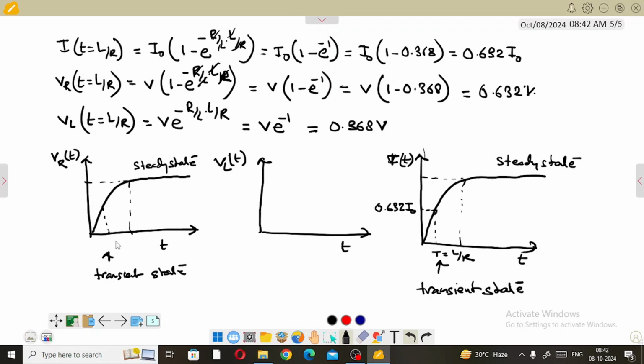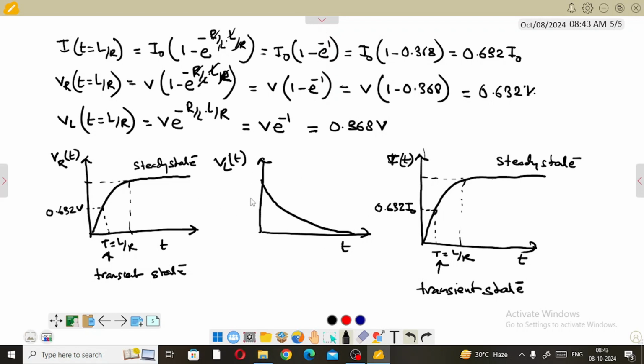Similarly, at T equal to L by R, what I get? 0.632 V. And if you see VL, whenever the I becomes maximum, it becomes 0. So it comes down and at a certain time, it becomes 0.